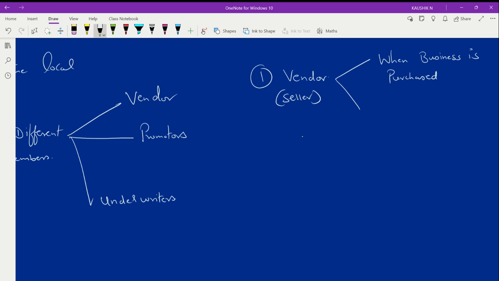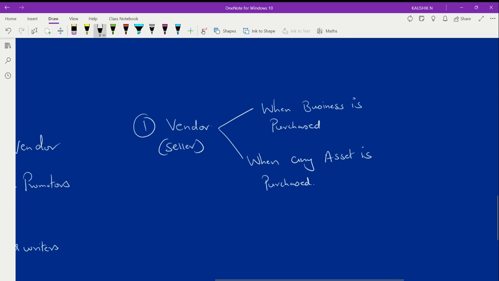If not, when any asset is purchased, you have to give it to vendor. So for example, let me make the example also near to this.